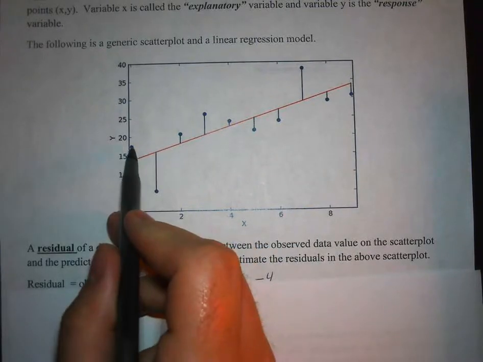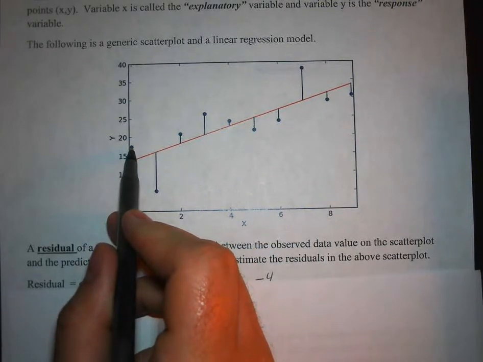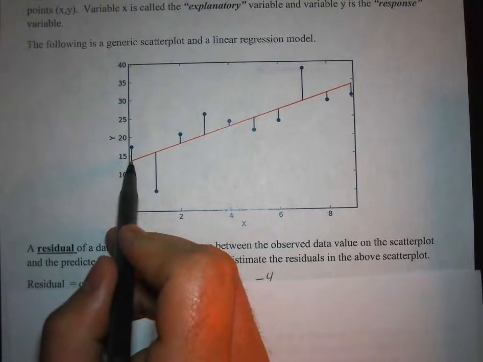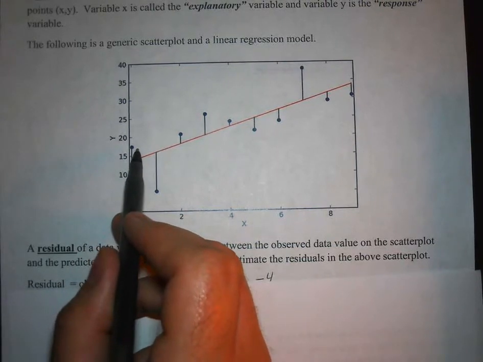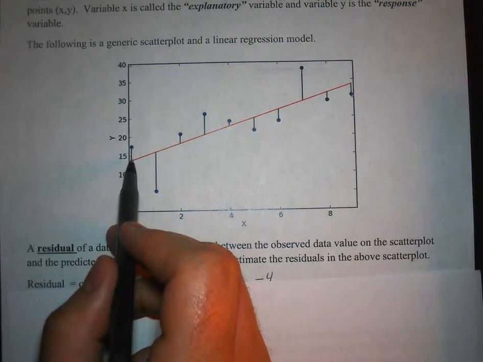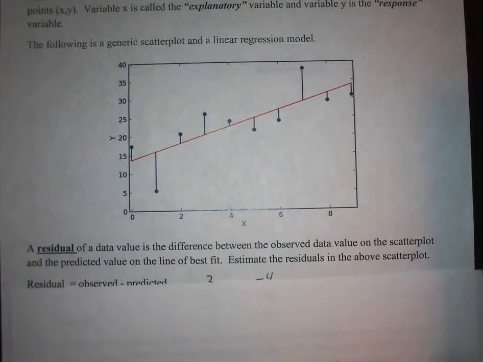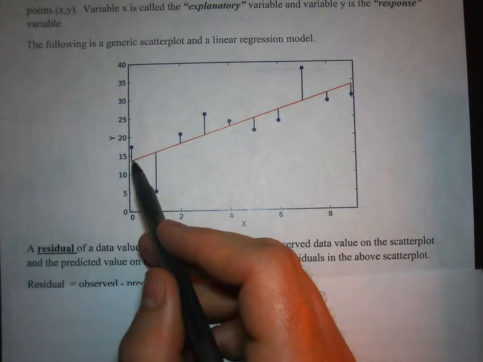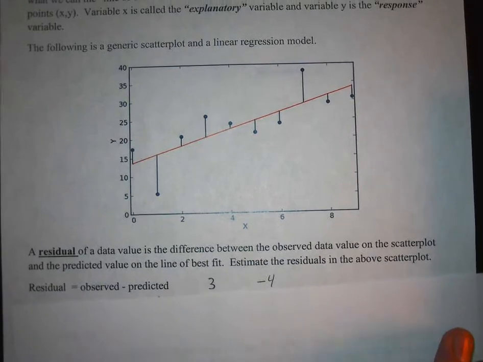So that first point, this dot right here, is the observed data value. The value on the line for that same x value is the predicted value. So the difference between those two, it might be around maybe 17 down to 14. So we might expect that difference, 17 minus 14, to be about 3.